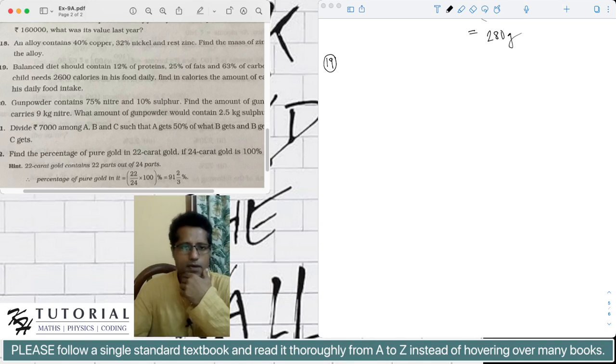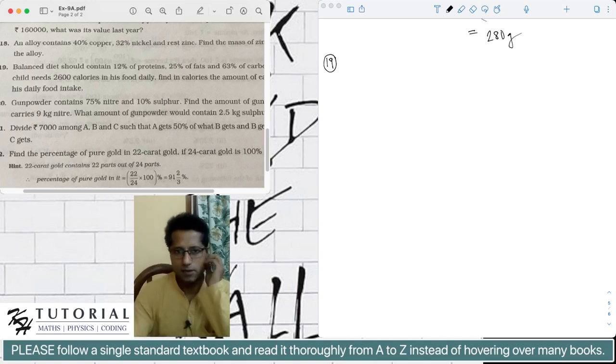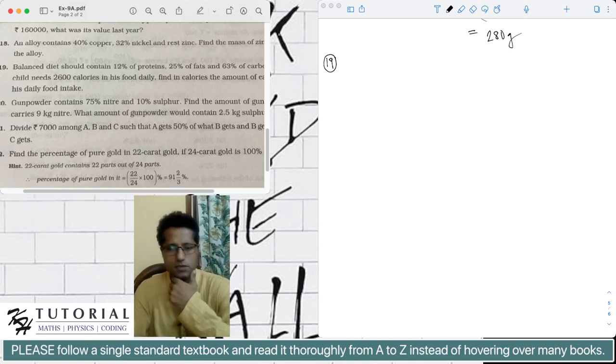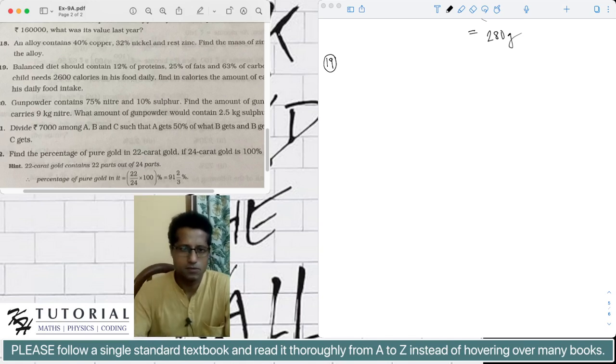as you can see that a balanced diet, if you sum up the percentages, that is 12%, 25%, and 63%, contains only proteins, fats, and carbohydrates, and the percentage amount of proteins is 12%. The percentage amount of fat in the diet is 25%, and the percentage amount of carbohydrate is 63%. And the diet per day contains 2600 calories.